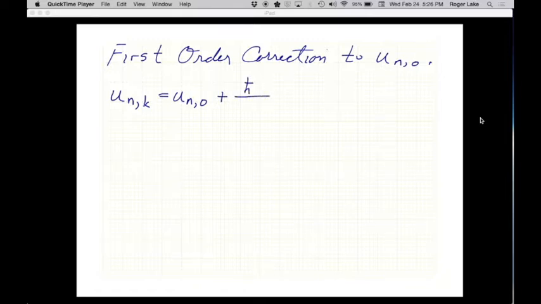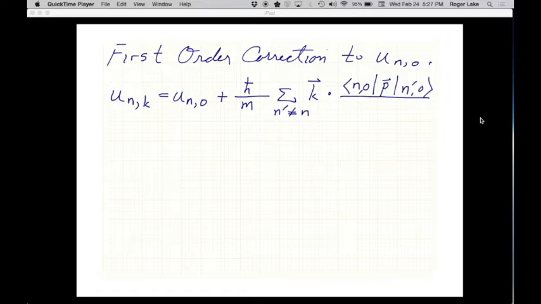So ħ over m, sum over n prime not equal to n, and here's our linear perturbation term, our k dot p term, k dot, which I can pull outside the matrix element because it's just a number, the k part, and then our matrix element, <n 0|p|n' 0>, all over this energy difference, E_n 0 minus E_n' 0.